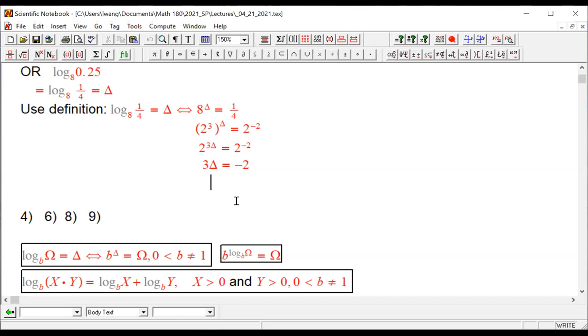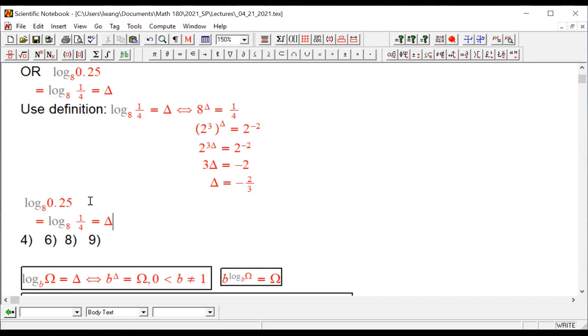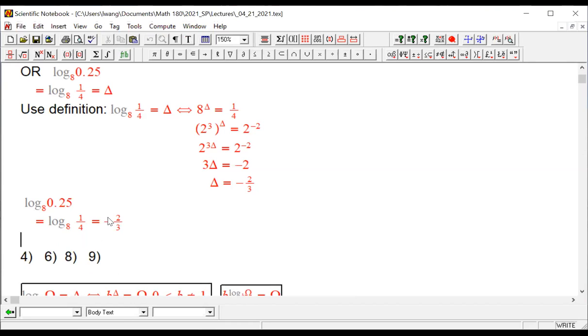In the end, you get triangle equals -2/3. Then you can go back to your question and tell the reader that this equals -2/3. You see, you can figure it out in so many different ways.